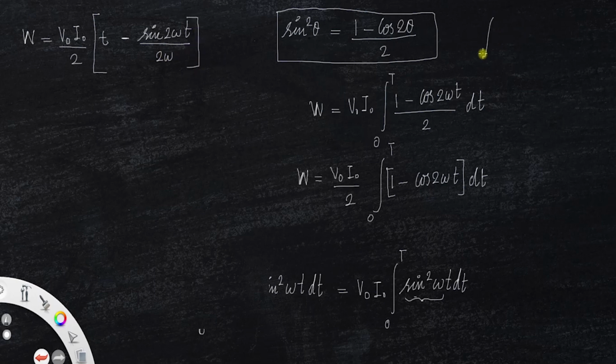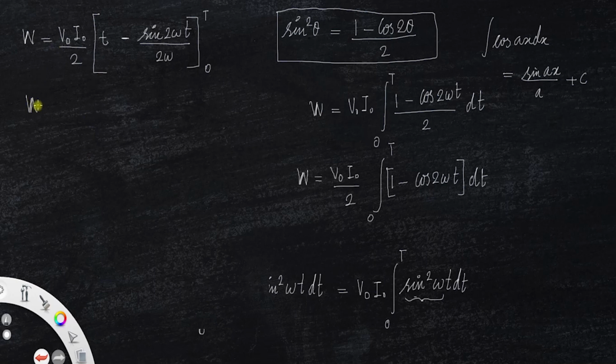That is, integral cos ax dx is actually sine ax divided by the constant a, plus some c. We don't have to worry about the c here because this is a definite integral. That is, we have the limits. Now I can put the lower limit and the upper limit here.